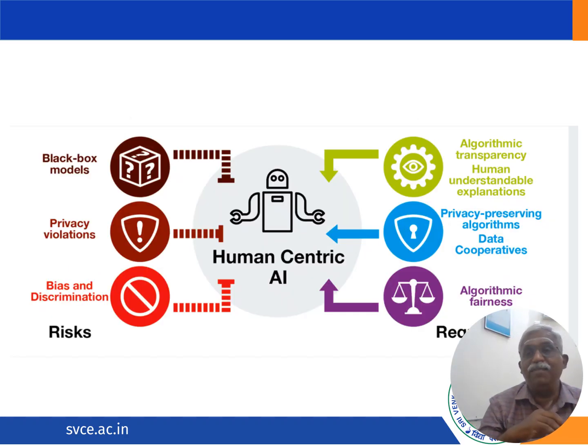Now, we have a risk. We have a risk on one side, using artificial intelligence on a human-centric problem, and finally we get a result. On one end, we have discrimination and violation.